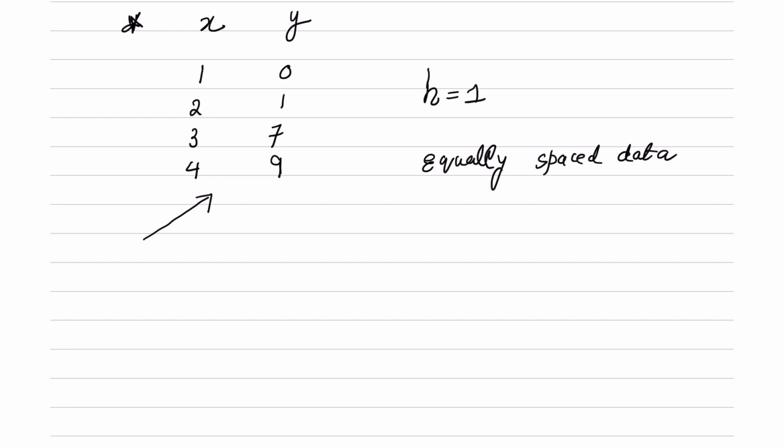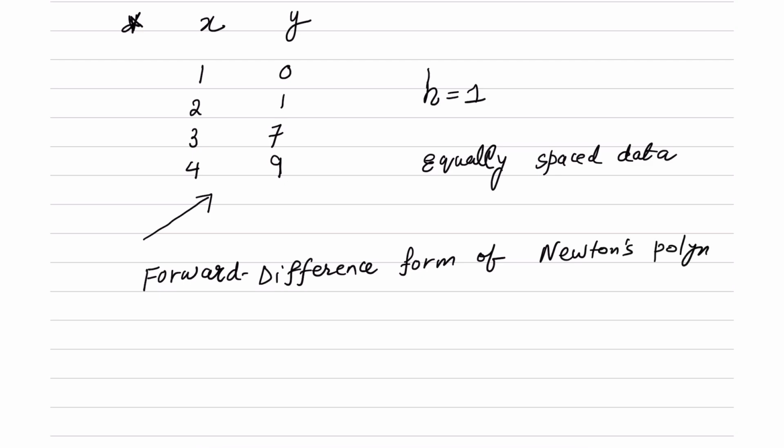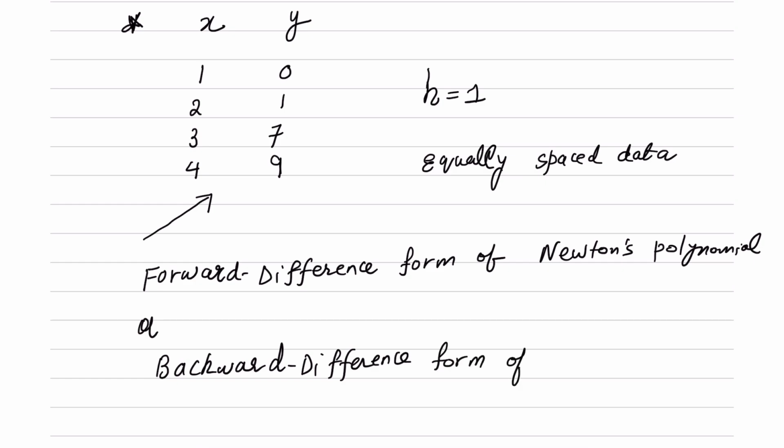So if we have to write a polynomial for this 4 points data, we will use either the forward difference form of Newton's polynomial or the backward difference form of Newton's polynomial.